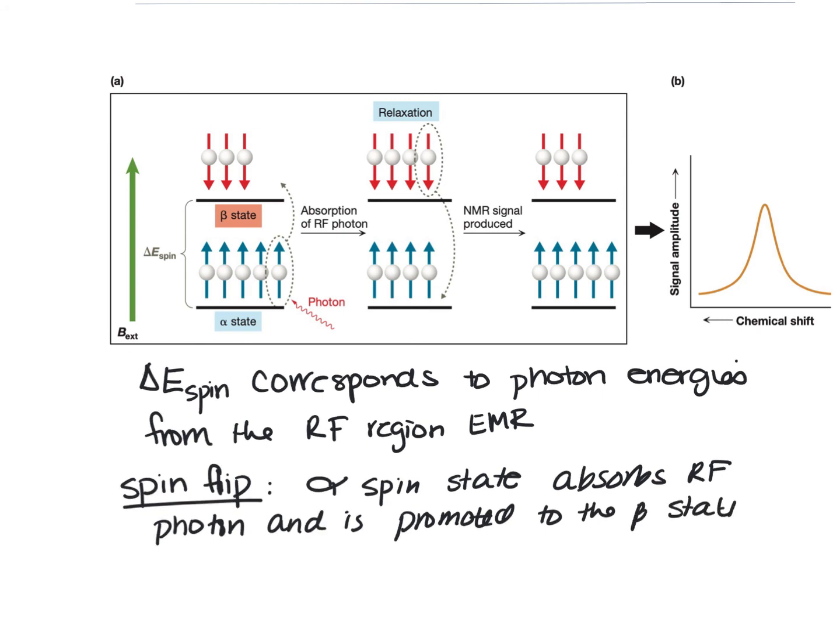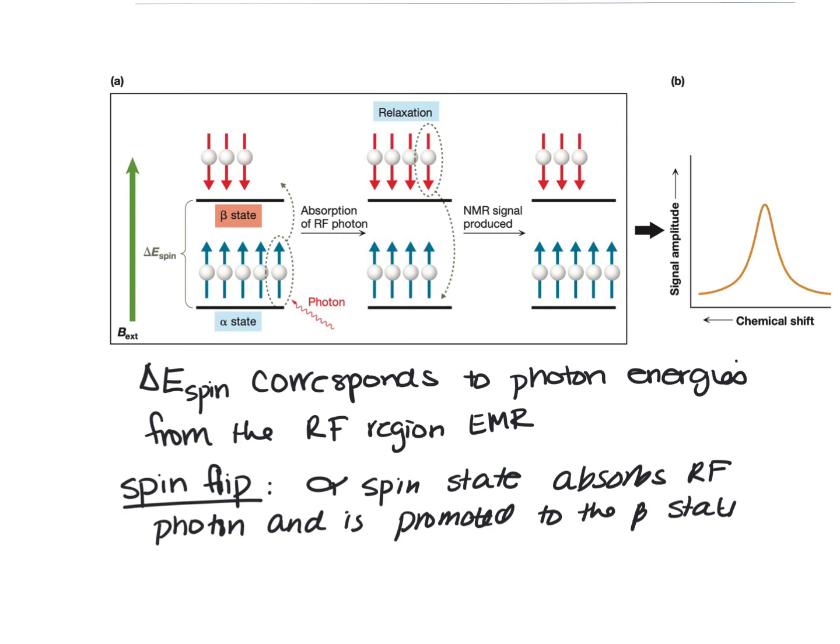That's what you're seeing here: here comes the photon, there's the alpha, it gets excited and jumps up to the beta state. Now, it relaxes eventually back down.